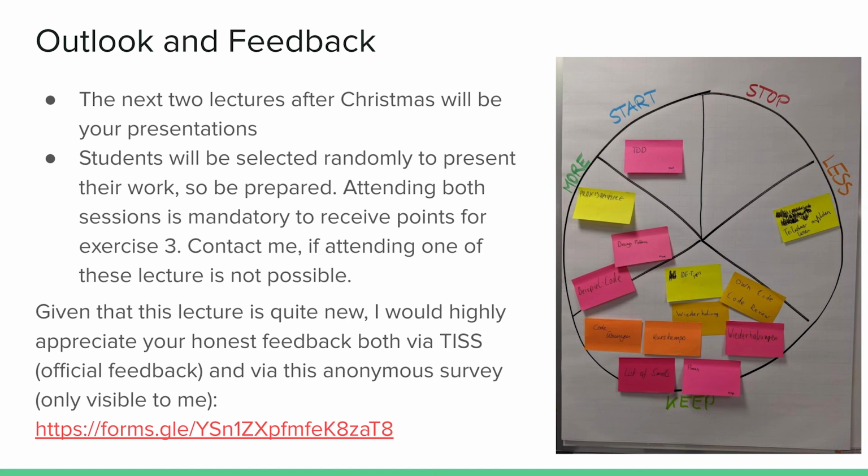So you tell me what you want me to start covering in this lecture, what you don't want to hear again, what maybe you want a bit more of, less of, or what you want me to keep as it was this year.